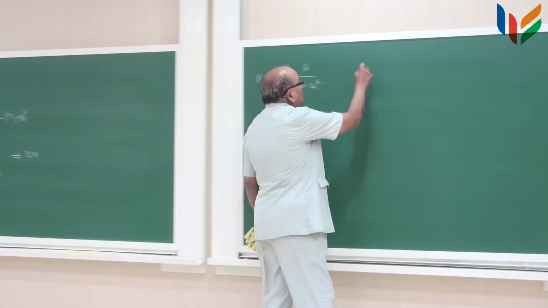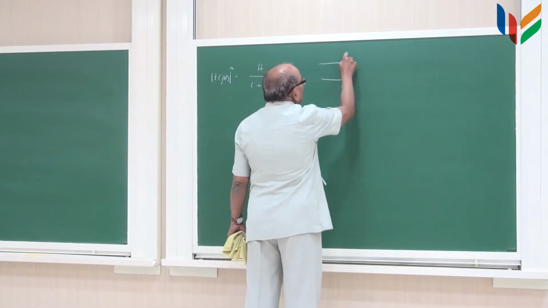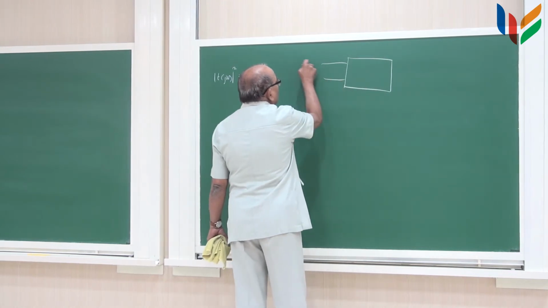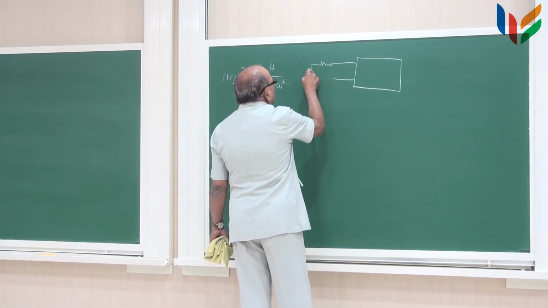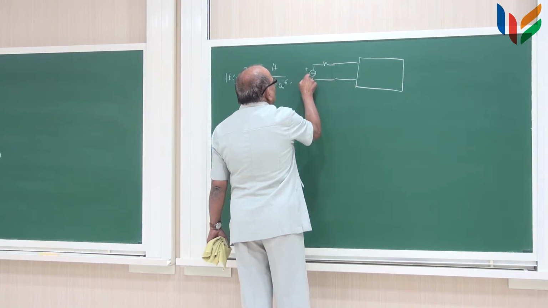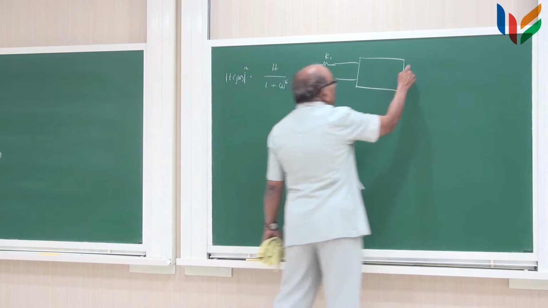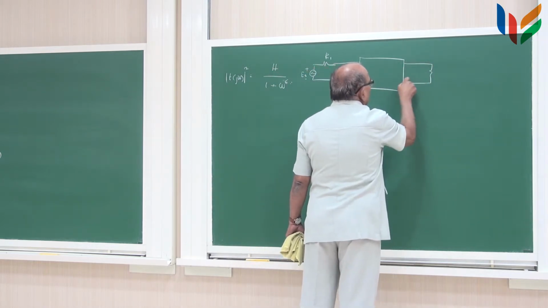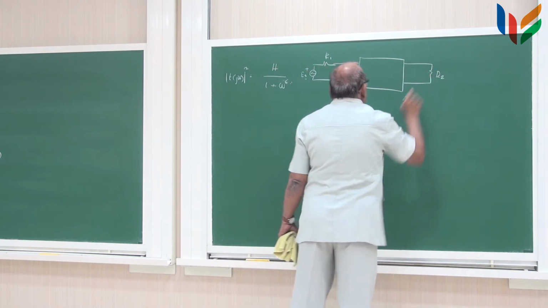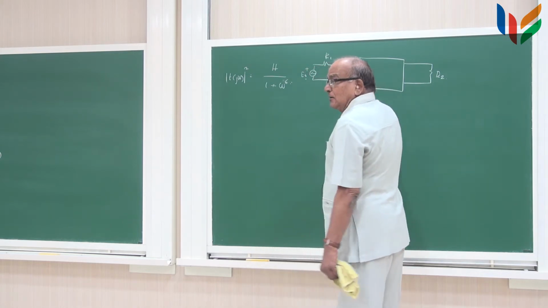If you look at this network, it is a low pass characteristic, right?